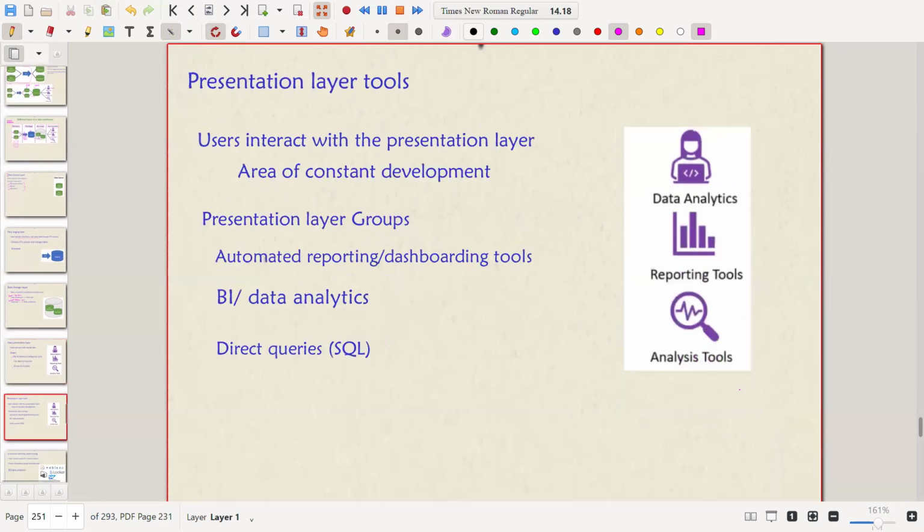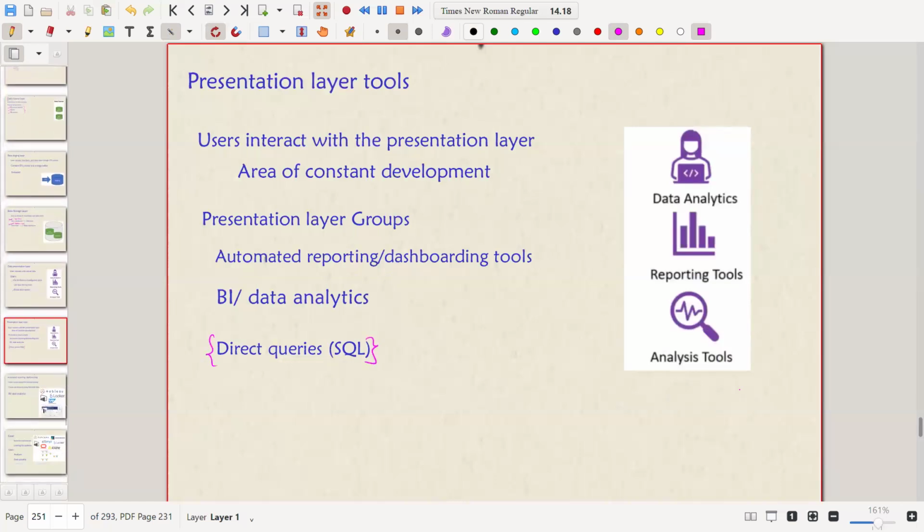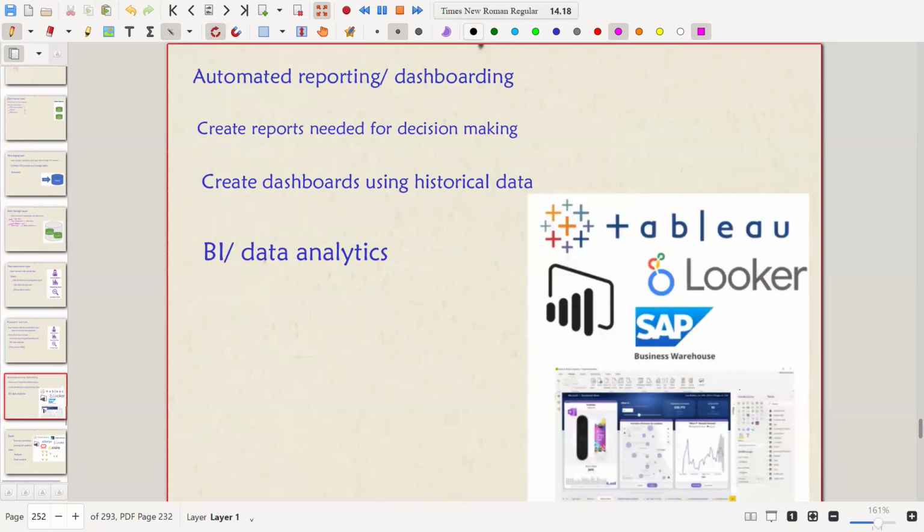These are the different tools you can have. It's the same slide, I think. Not much is there. You can do it with SQL actually. You can use Tableau, Looker, or SAP.